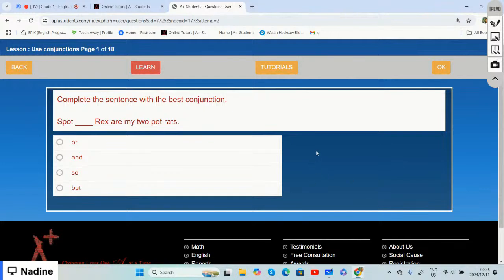And we said that we have... All right. And if we were to complete the sentence with a best conjunction, do we say "Spot or Rex are two pet rats"?